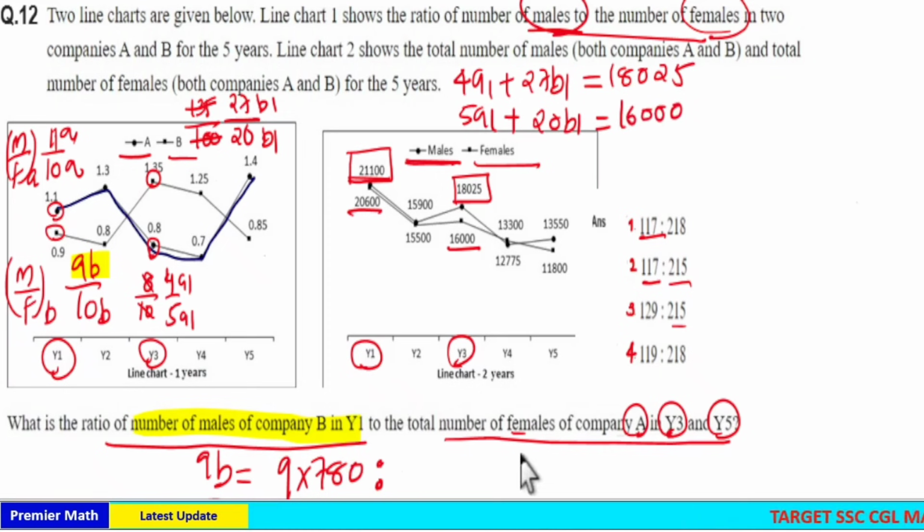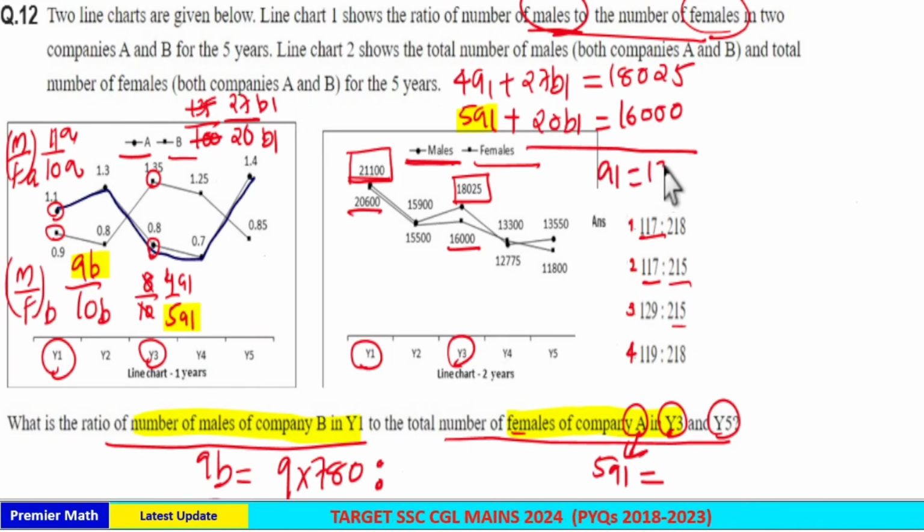Now here we have to find out females of company A in Y3, which is equal to 5A1. So find 5A1. Here if you solve it, you will get A1 as 1300. Then 5A1 is equal to 1300 into 5, 6500.